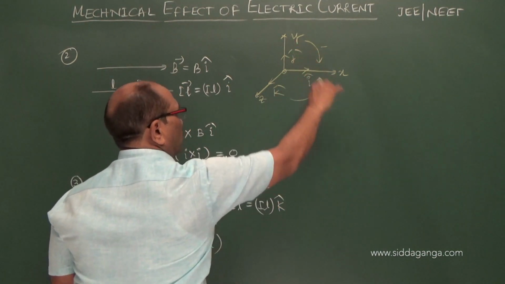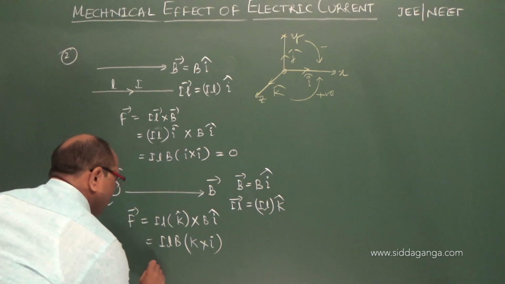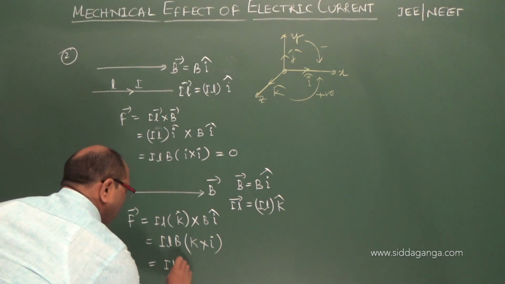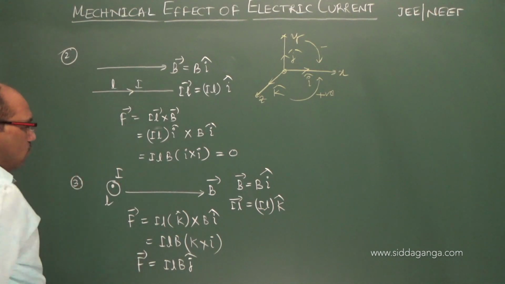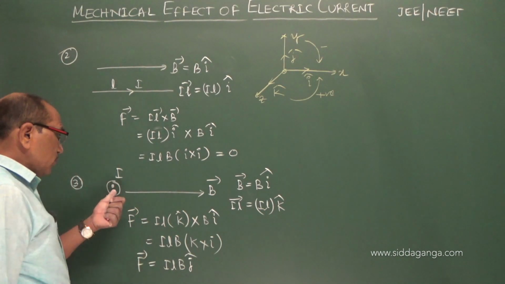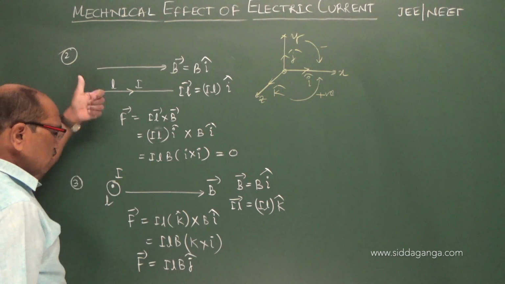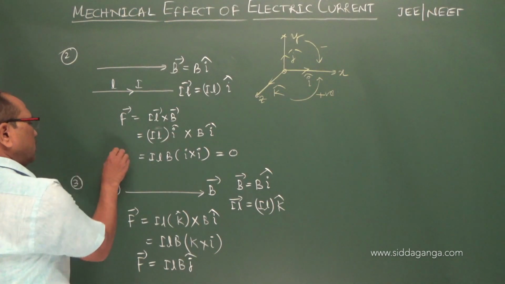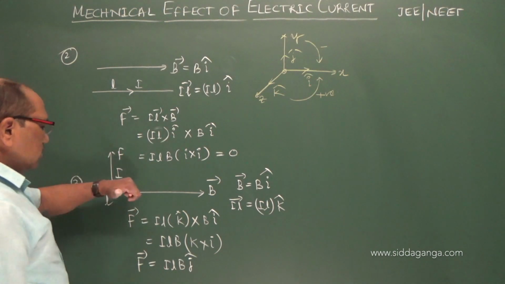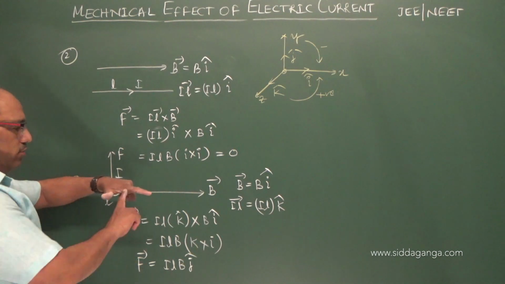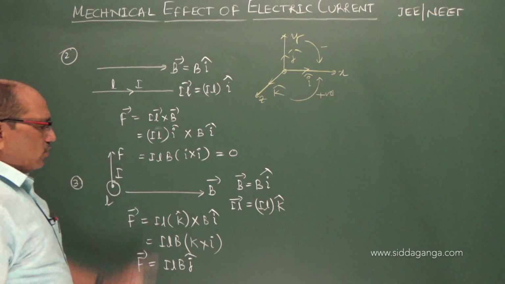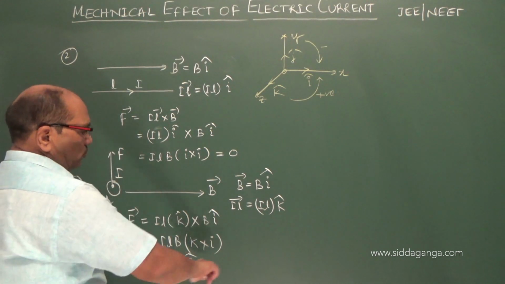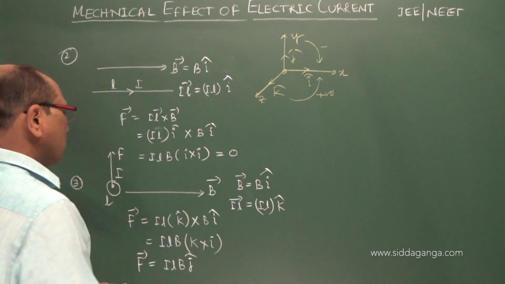Positive, anti-clockwise, J. So ILBJ. This suggests the wire experiences a force upward. With the field along x and the current outward, the force is upward along the positive y-axis.